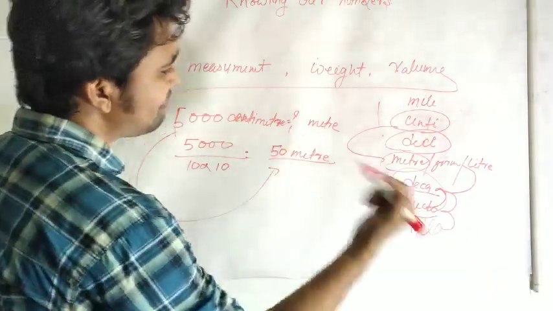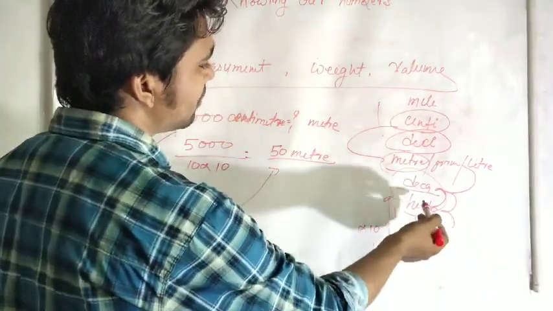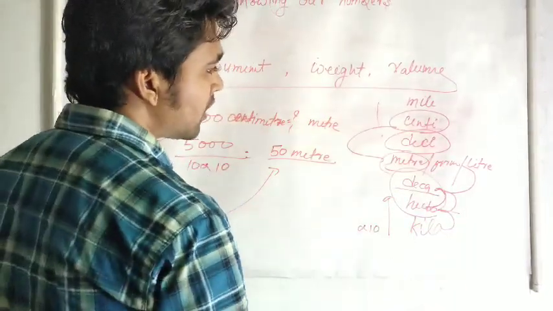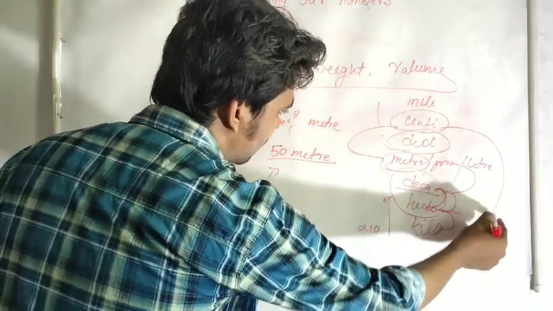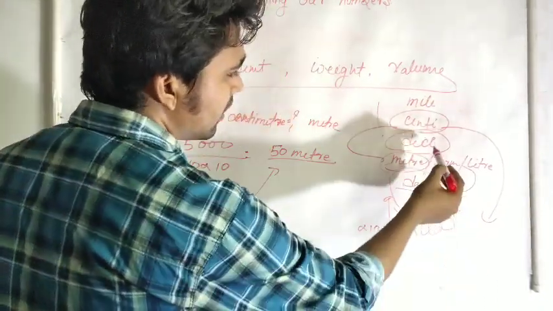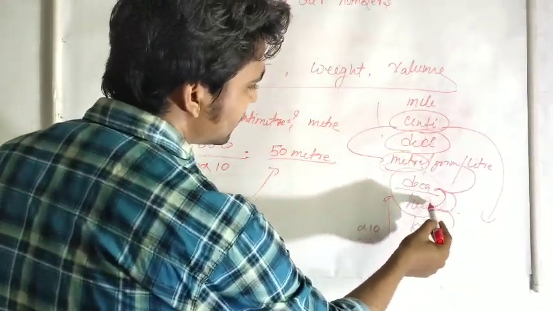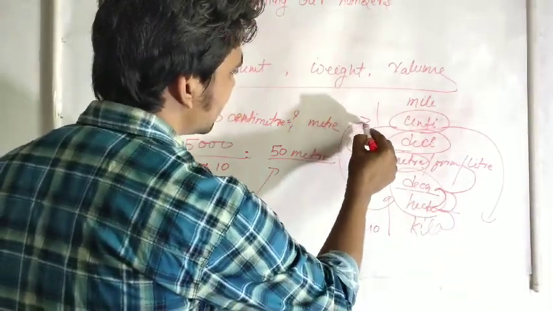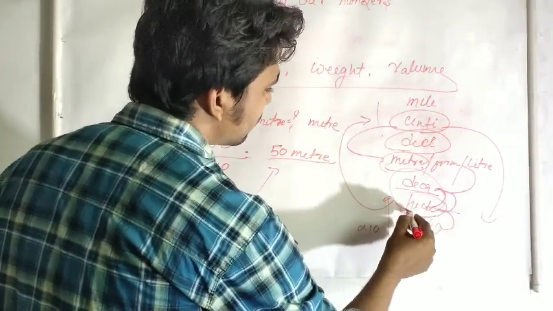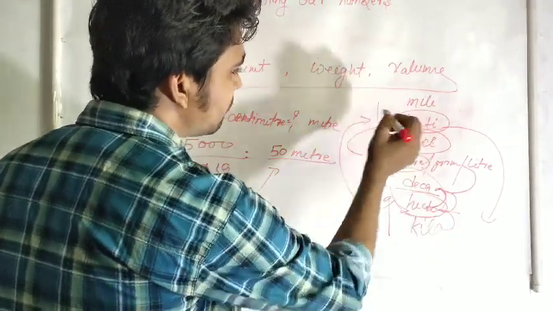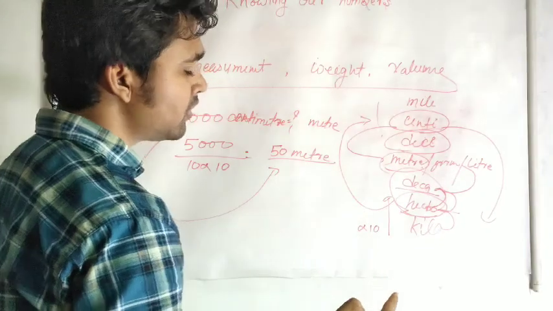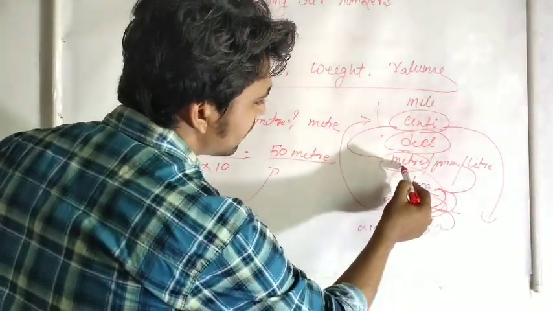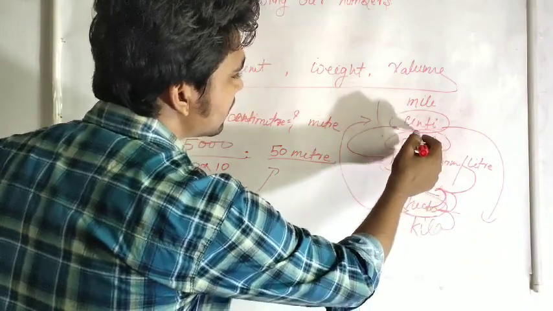If we have to find the relation between centimeter and hectometer, then for the lowering order, we divide by 10, 100, 1000, 10,000, and in the upper case, if hecto is given and we have to find centimeter, we multiply by 10, 100, 1000 and 10,000.